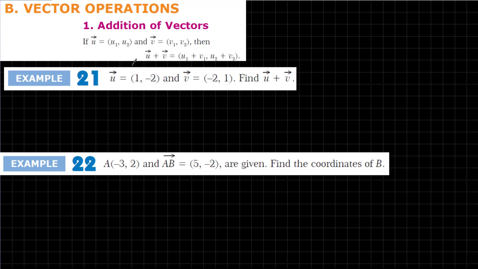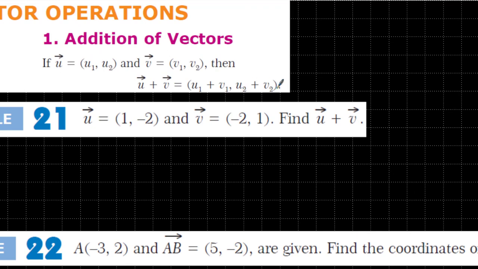Okay, now we are going to continue with the addition of vectors. As you see, if you add two vectors u and v, you add the corresponding components one by one, which means u1 and v1 you add, and u2 and v2 you add. So u plus v is going to be u1 plus v1 and u2 plus v2. Adding them is very simple.